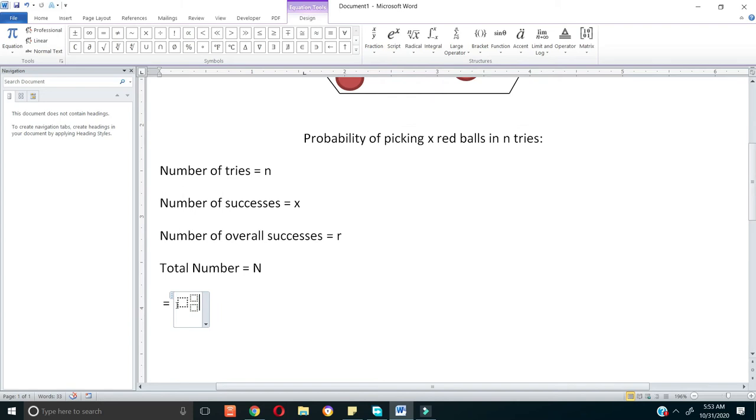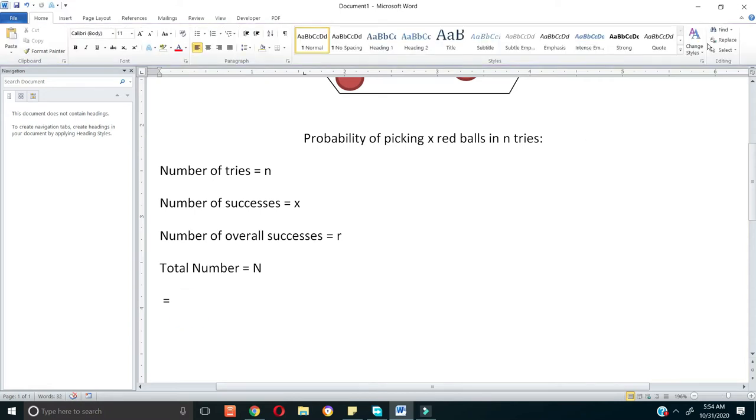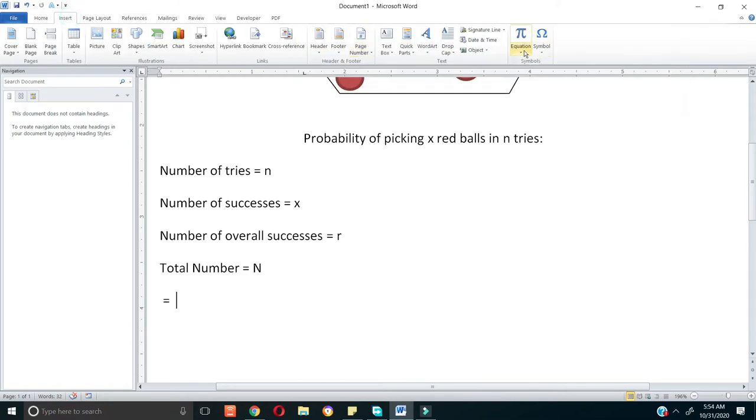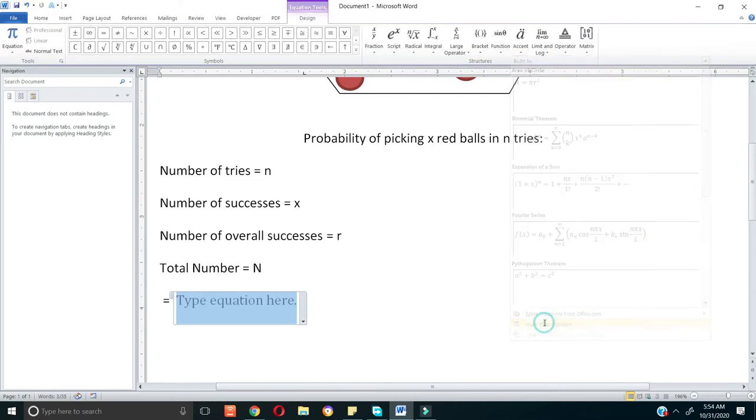So I did say I didn't like this notation very much because it's a bit confusing. So you're looking for this combination over here. Yeah, but maybe just use the notation that is used more frequently in the book, which is going to be, so insert the equation.